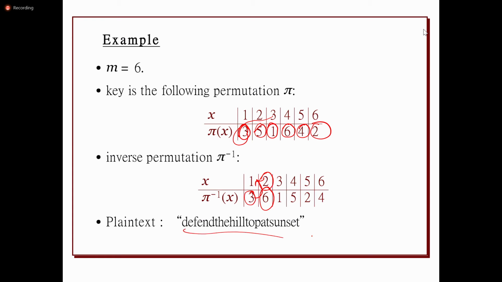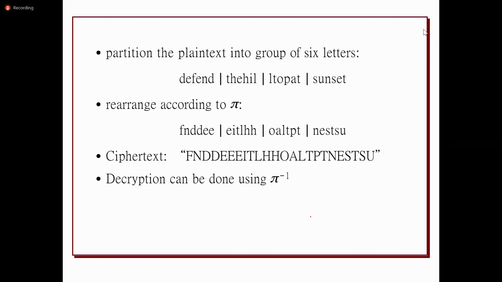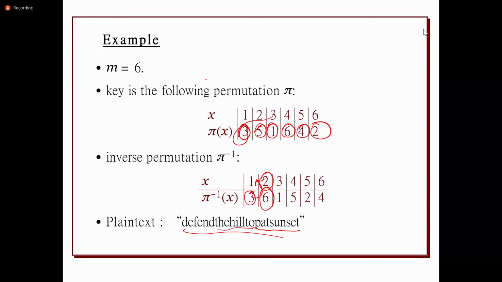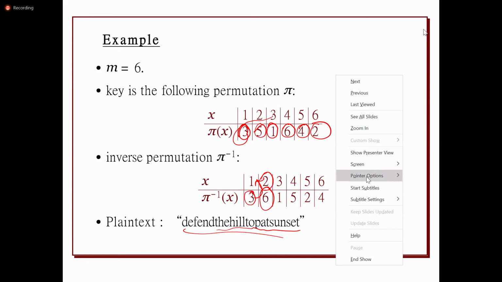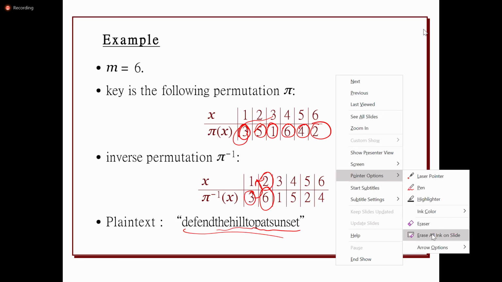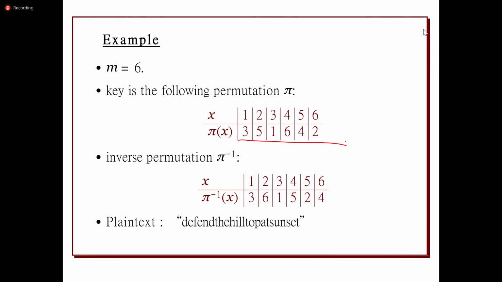So, this is the example. Defend the hilltop at sunset is the plain text. How will this be converted to the ciphertext using this permutation? The alphabets will be arranged in this order: 3, 5, 1, 6, 4, 2.